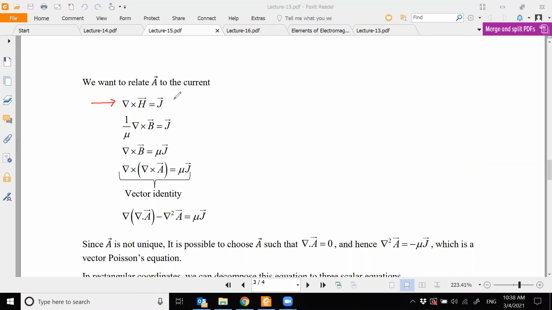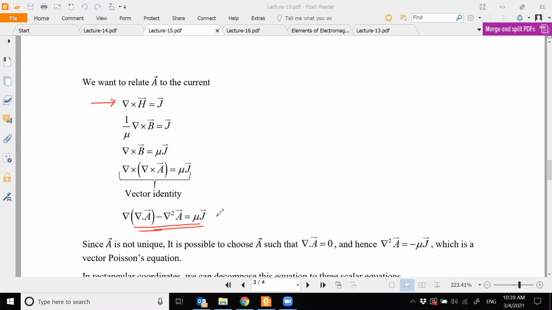So del cross H is J bar. H is B over mu, so mu comes out. So del cross B bar is equal to mu J bar. Now I'm substituting B here: del cross del cross A is equal to mu J. And the vector identity of del cross del cross A gives del of del dot A bar minus del square A is equal to mu J. So I'm getting this as the end answer.